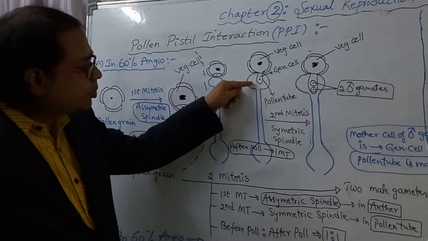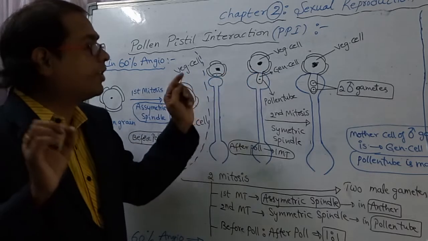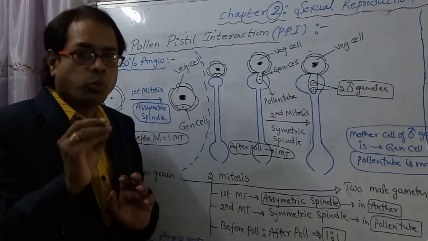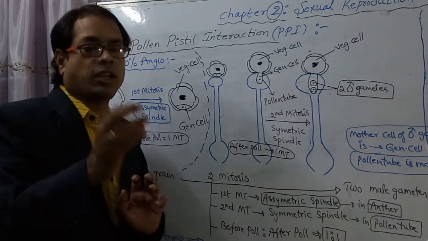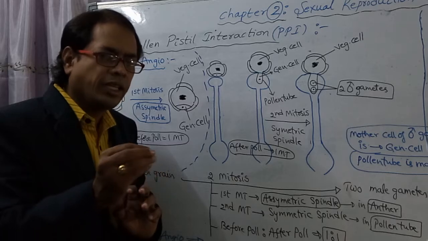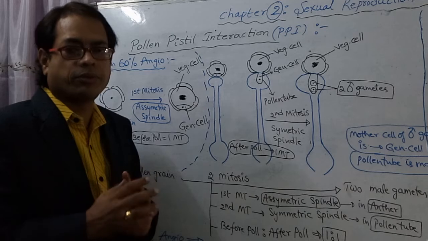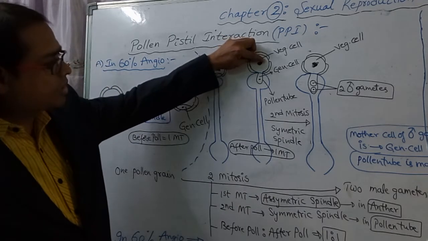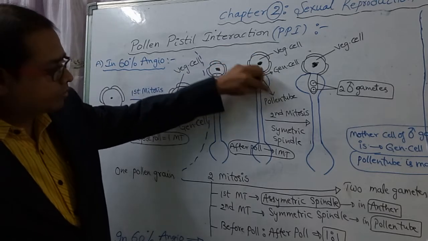The pollen tube is formed from the intine of the vegetative cell. As this pollen tube is developed from the intine layer, the pollen tube is made up of pectocellulose. This is the vegetative cell, this is the generative cell, this is the pollen tube.